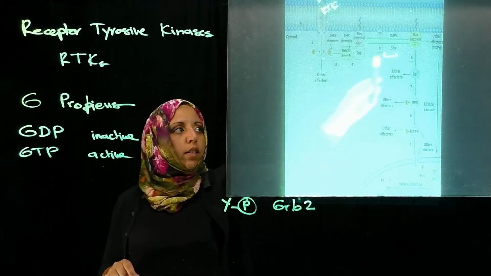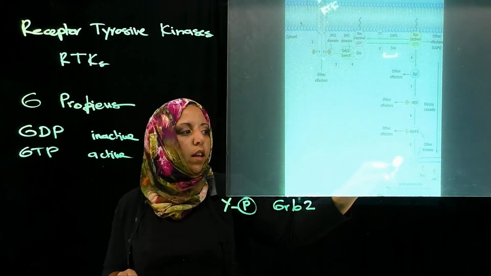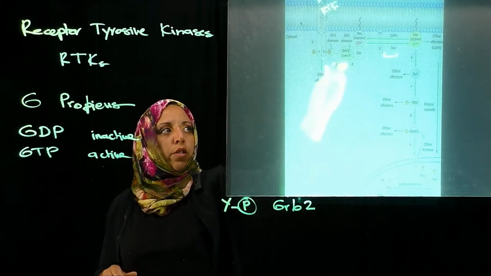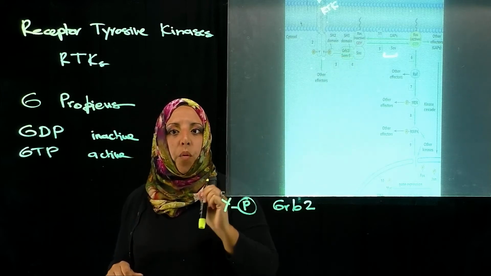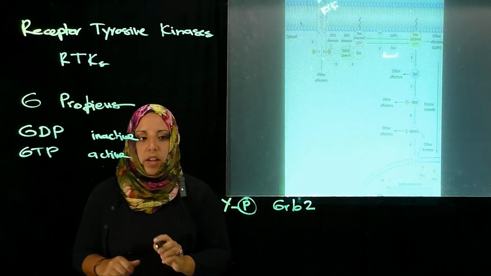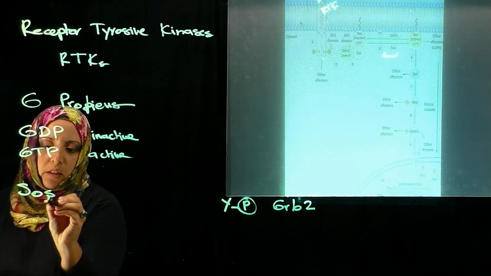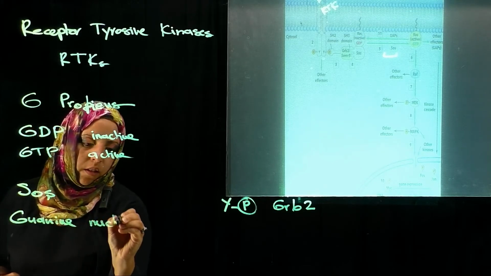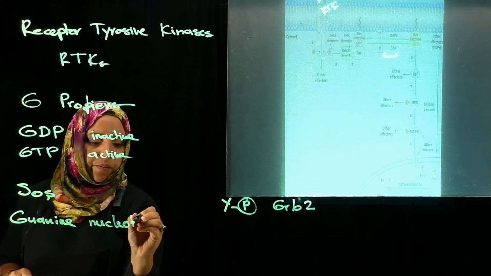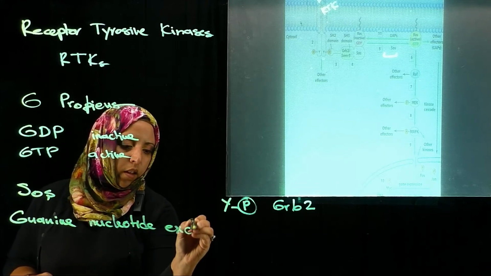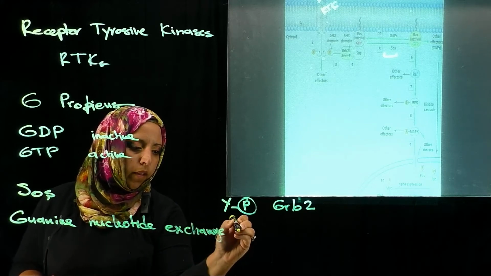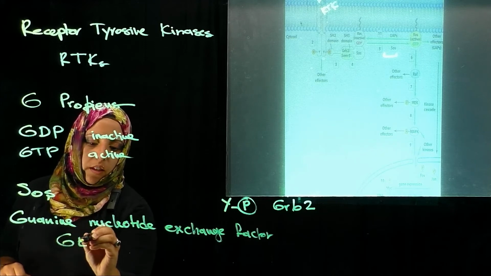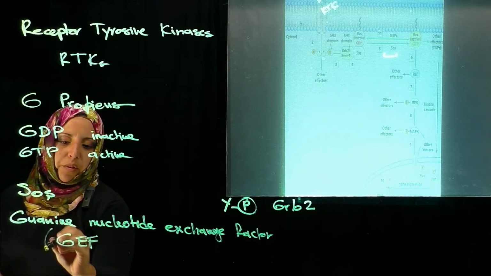And now when Ras is active, it will cause this signaling kinase cascade. SOS is known as a guanine nucleotide exchange factor, or GEF. That's the abbreviation.